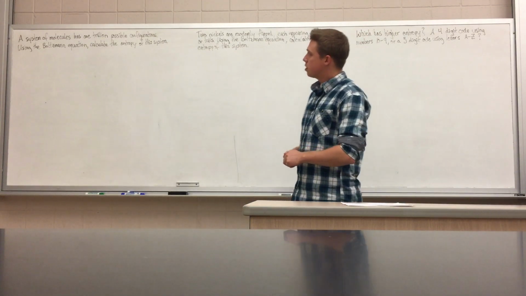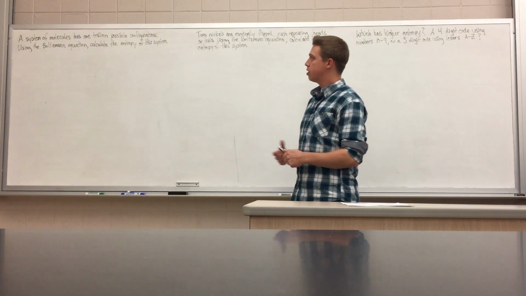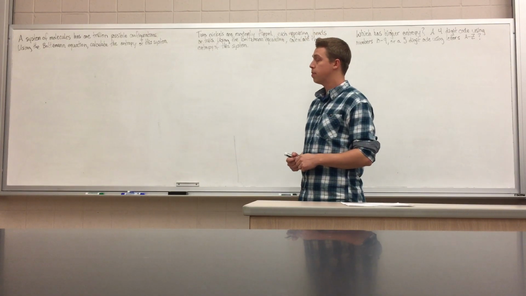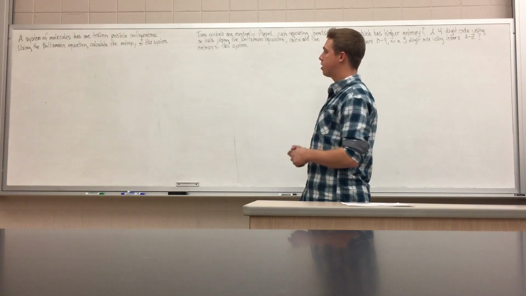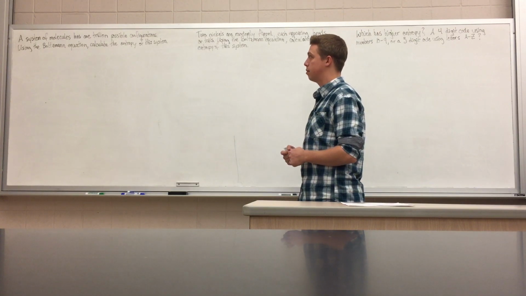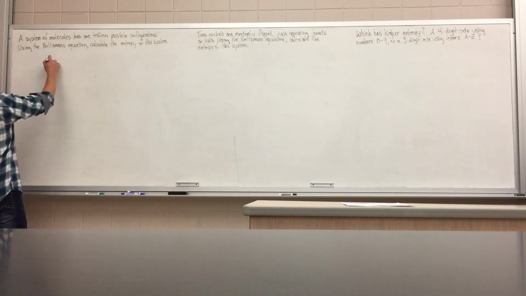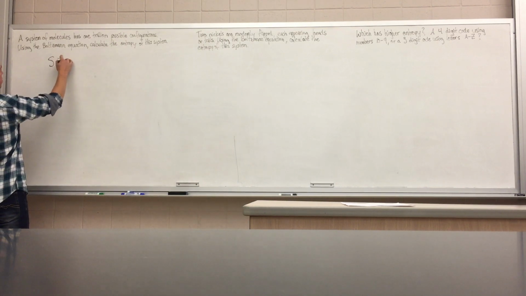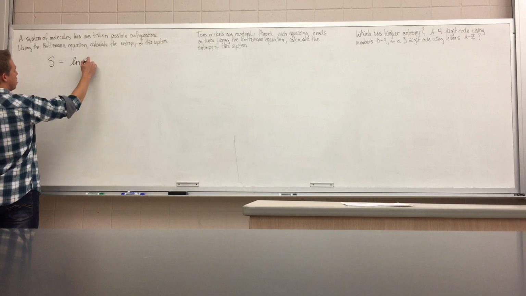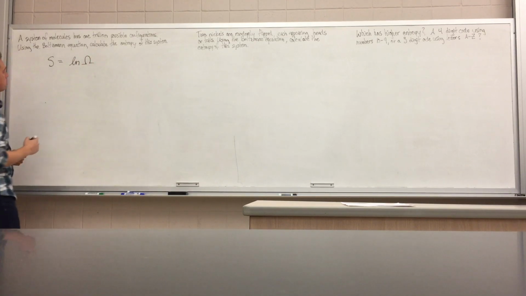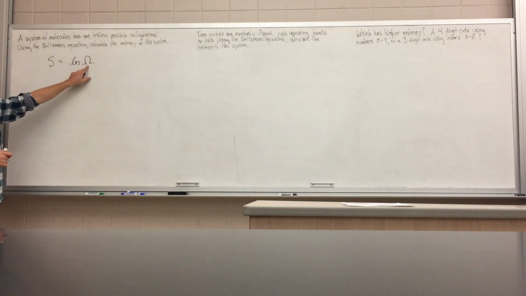First question. A system of molecules has 1 trillion possible configurations. Using the Boltzmann equation, calculate the entropy of this system. So we're going to write up the Boltzmann equation, which is the entropy equals the log of the number of possible configurations, which is omega.